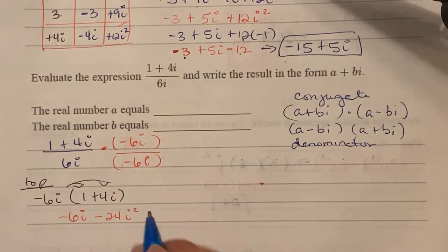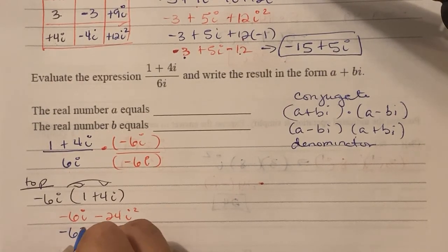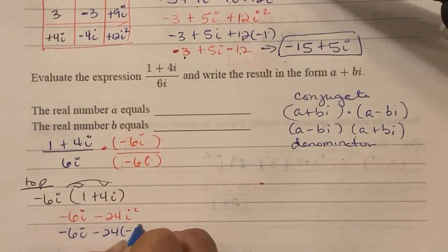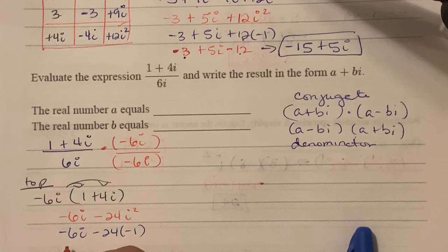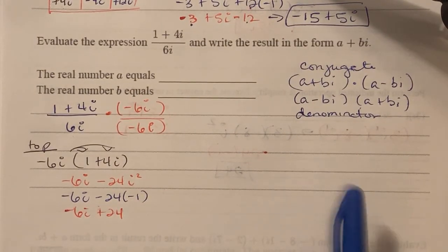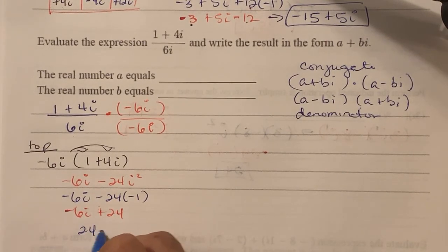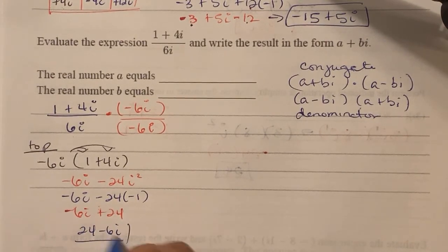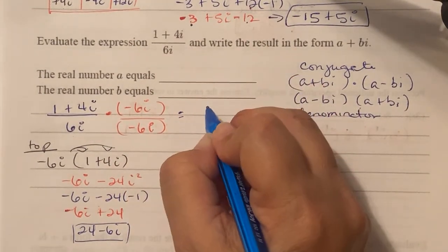Remember, i squared is -1. So we have negative 6i, negative 24 and negative 1 makes it positive 24. Just rewrite it so that the real portion comes first and then the imaginary part second. So this becomes 24 minus 6i. That is the numerator line. That is what the numerator line became.